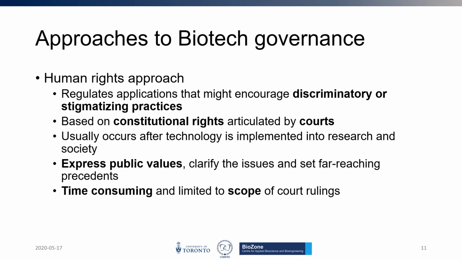You clarify the issue, and you set precedents for how future technologies are to be regulated. The issue with this, though, is that it can only happen once the technology is implemented and has actually become a product in society. It has less of an impact at a more upstream stage, at the stage of research.